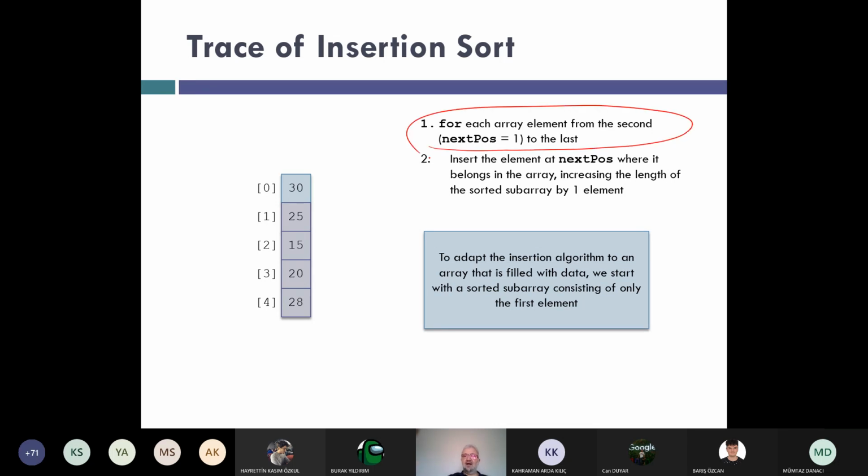For array elements from second to last. Why didn't we consider the first one? First one is always sorted by itself. So this part is sorted. So we do not need to consider the first element.